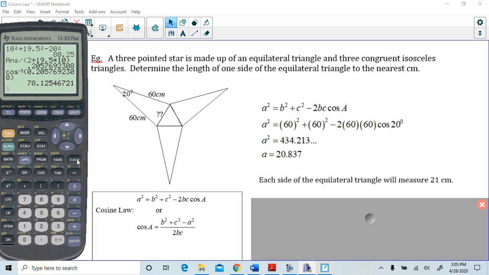Okay, so again, just go in there and crunch those numbers. So we'll go 60 squared plus another 60 squared minus everything in brackets, 2 times 60 times 60 times cos of 20.